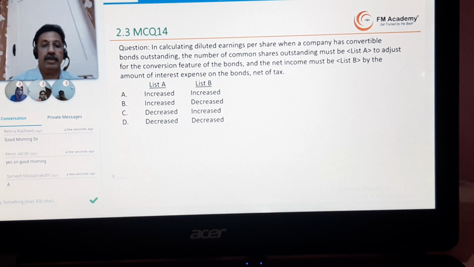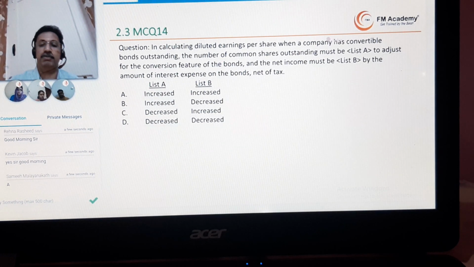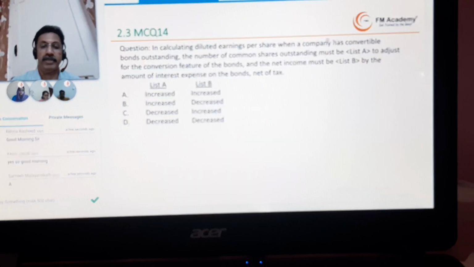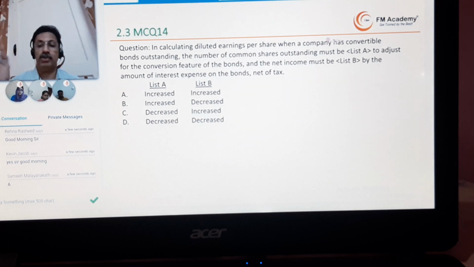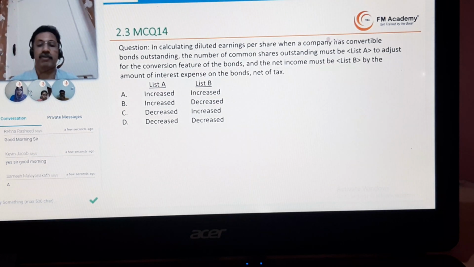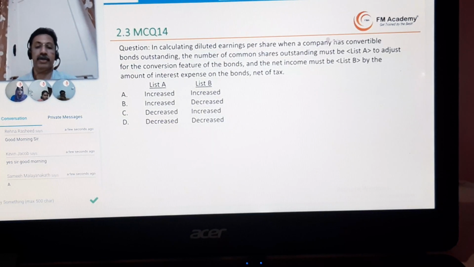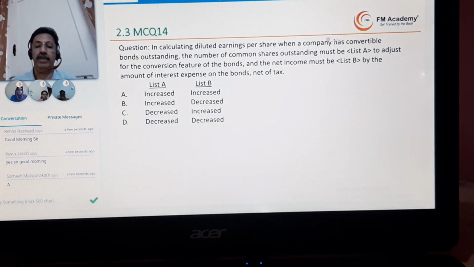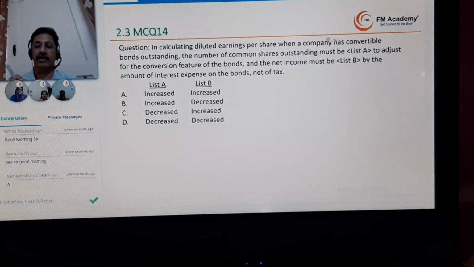See, in calculating diluted earnings per share, you have a basic earnings per share, you have the numerator and denominator. To that, you are assuming that if a conversion takes place, is there a dilution or not? That is what ultimately you are trying to find out. But how do you compute that ratio? You take the numerator.